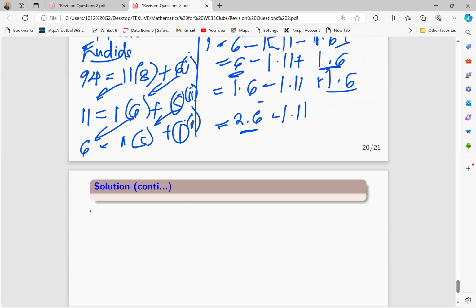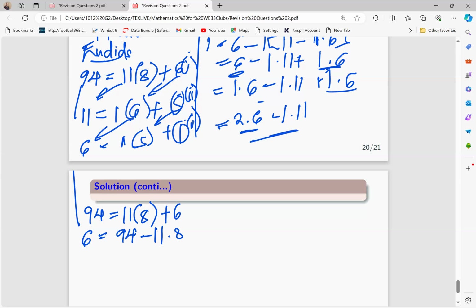So the original equation was 94 is equals to 11 into bracket 8 plus 6. So 6 is equals to 94 minus 11 times 8. Then you replace now this is the new 6. So you replace it in this equation that we found here.